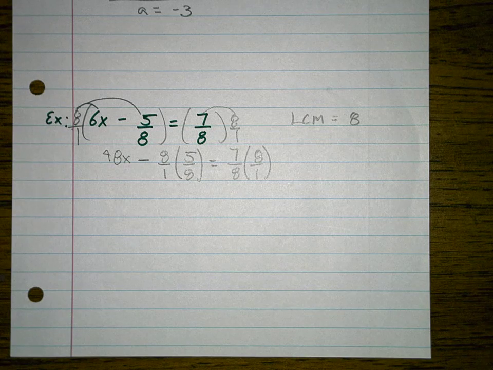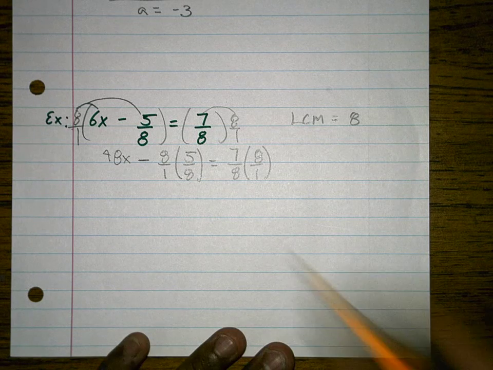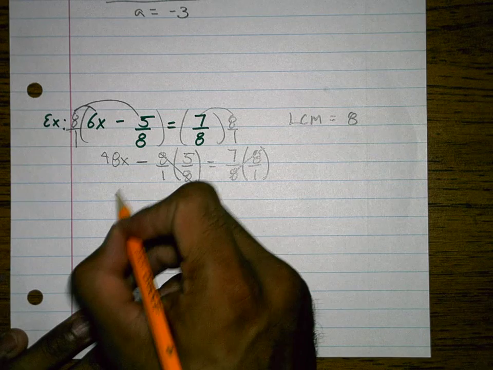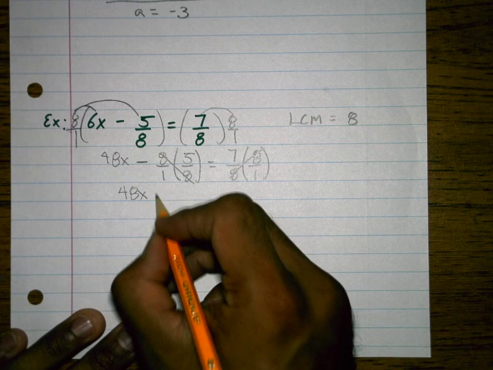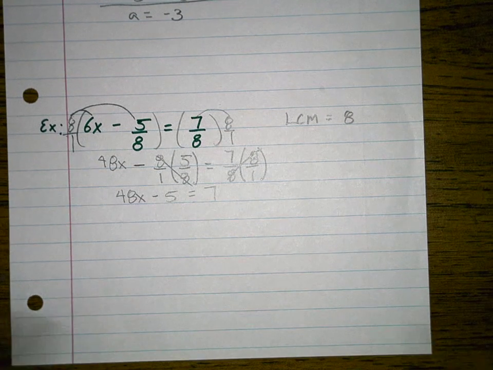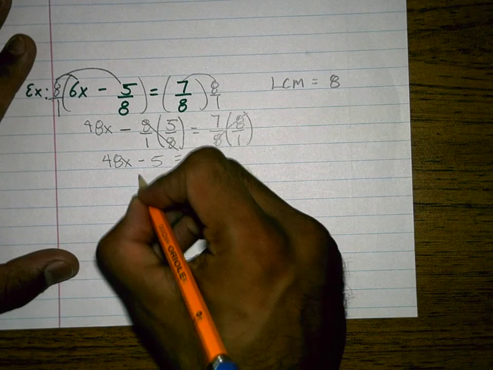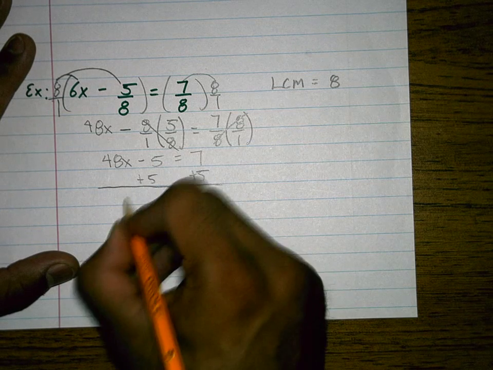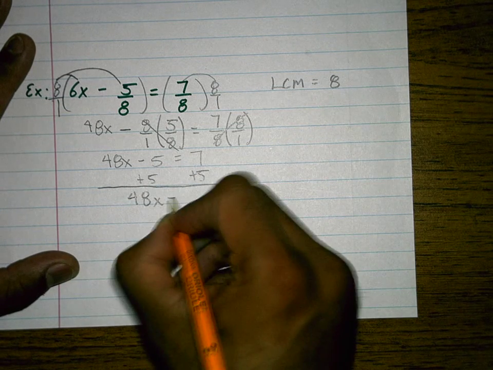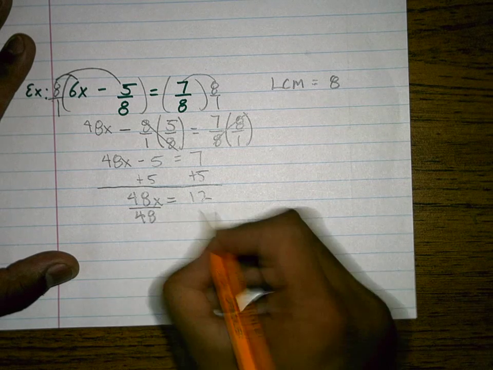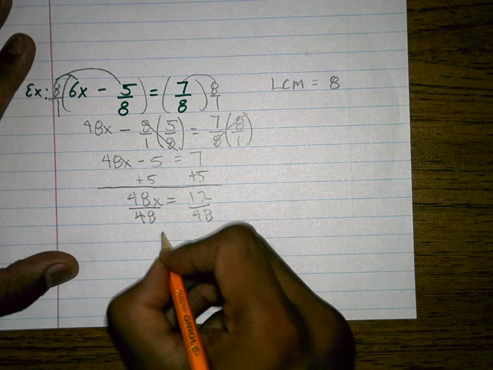I put in those parentheses to show they're different fractions. It's the same thing here. If I multiply, I can cross out, so the 8s reduce right there, and I'm left with 48x minus 5 equals 7. I have to continue solving this, so I'll add 5 to both sides, and I get 48x equals 12. Divide by 48.